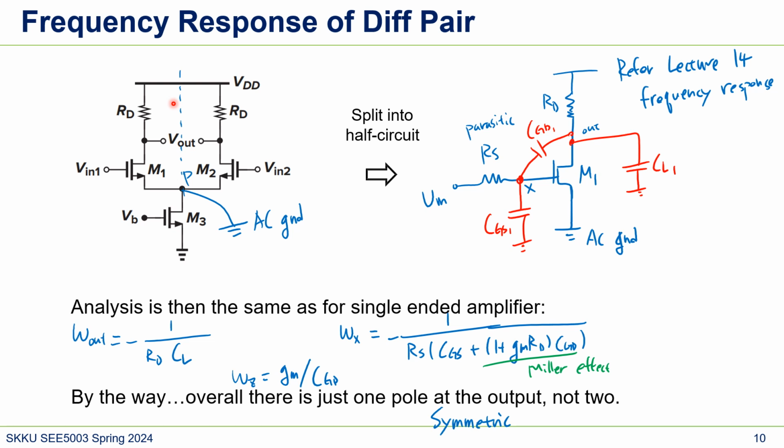We only have to consider half the path, because their operation is exactly the same, just with opposite phase. Each of them has a pole, but they are the same thing, because we can consider this circuit as two pieces.